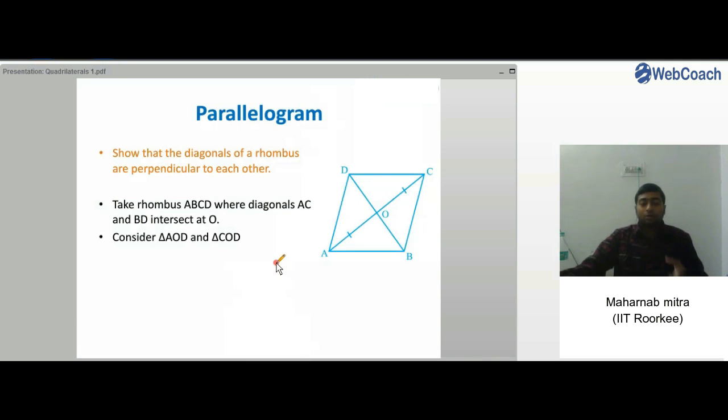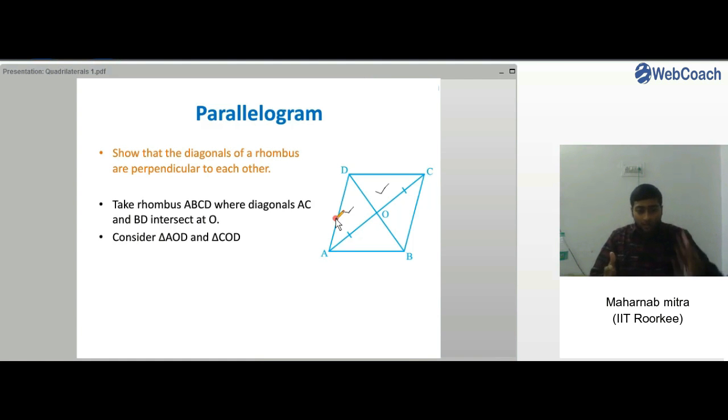So let us consider once again triangle AOD and triangle COD. Now we are considering two adjacent triangles. For the proof of the parallelogram earlier, for showing that the opposite sides were equal, or that the diagonals bisect each other, we had taken two triangles which were not adjacent to each other, which were opposite to each other.